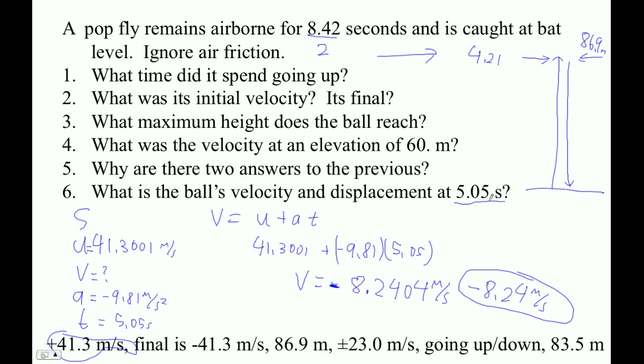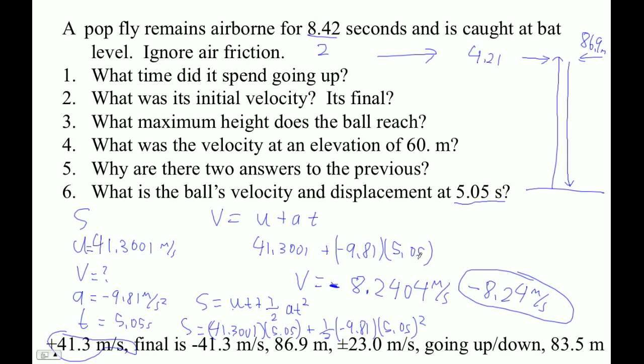Then to find the displacement, we're going to use s = ut + 1/2 at squared. So s is equal to 41.3001 times 5.05, plus 1/2 times negative 9.81 times 5.05 squared.